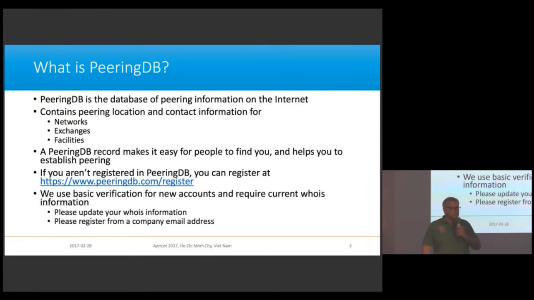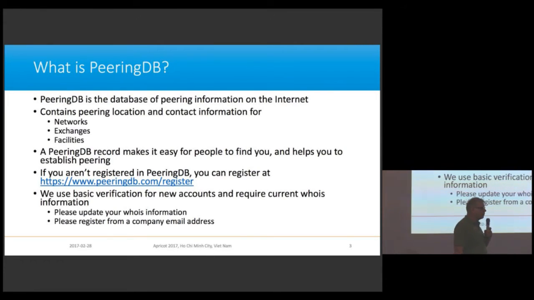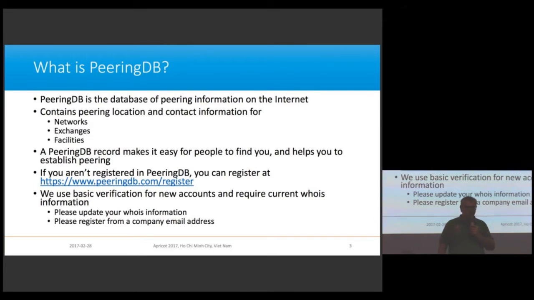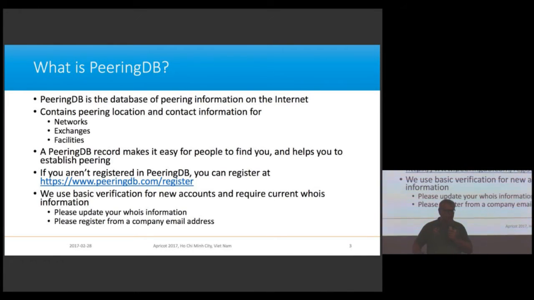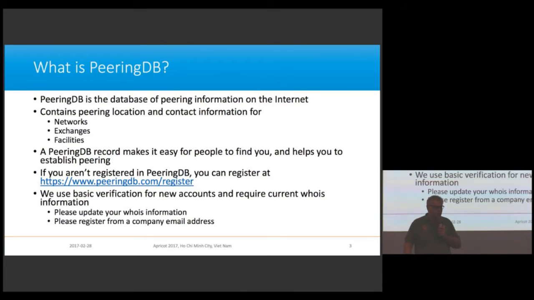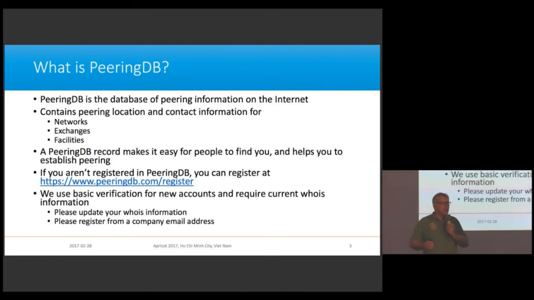So PeeringDB itself has been around, I guess, for 12 or 13 years. PeeringDB was created as a database for peering information on the internet. We have a lot of information already about networks which is stored in the IRRs, but when it comes to peering, this is not enough.